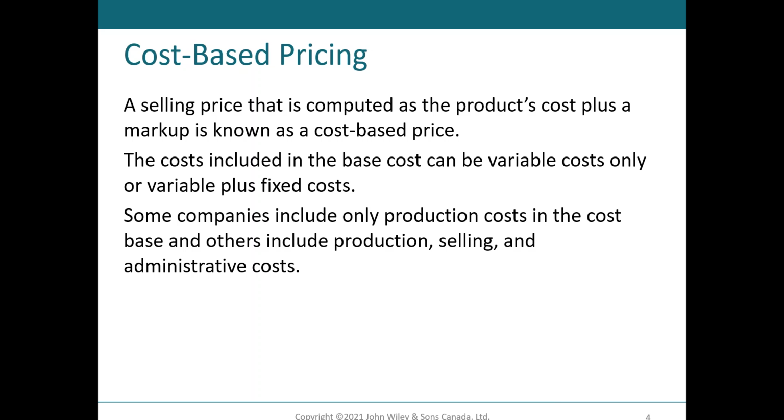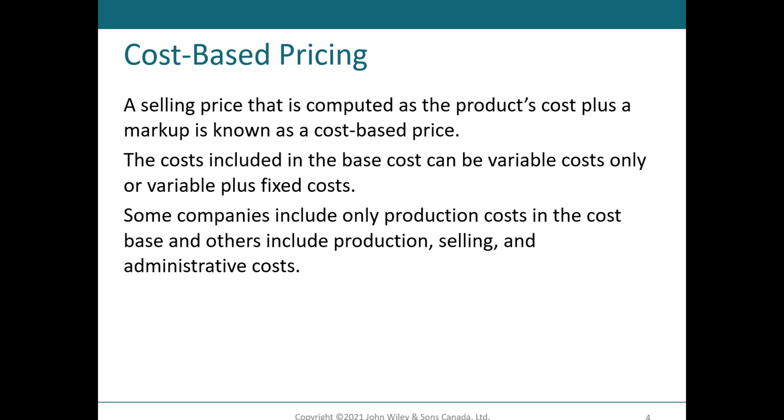So the first question that the company will ask is, what are the costs that the company wants to cover? Let's say that the company says, okay, I want to cover the variable cost. So the variable cost of the product is, let's say, $80 per item, and then it will add a markup. In that case, the markup will need to cover the fixed cost as well as the non-manufacturing cost.